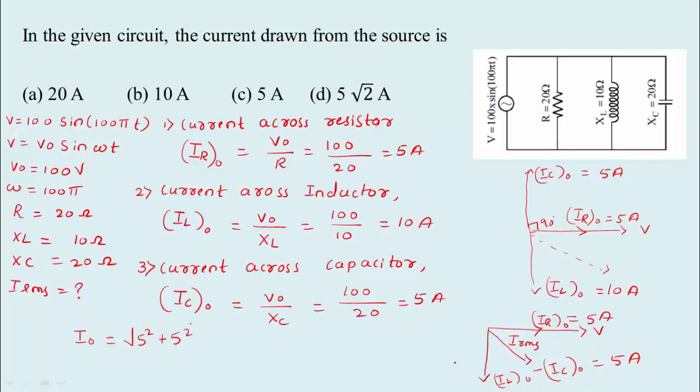So 5 square plus 5 square under root, we will get the current is 5 root 2 ampere. This is the current drawn from the source. So 5 root 2, that is option D is right.